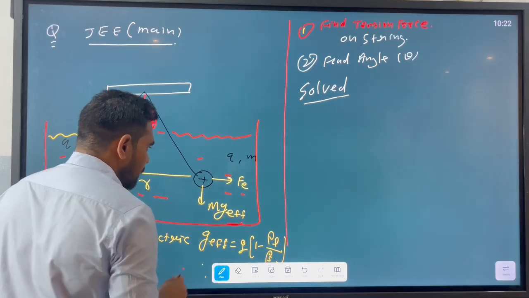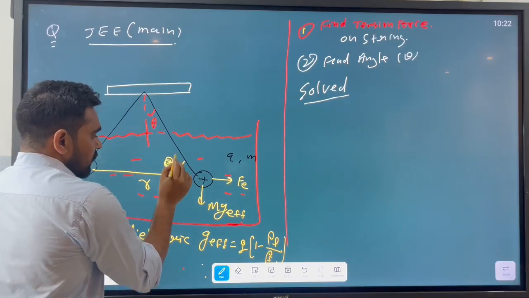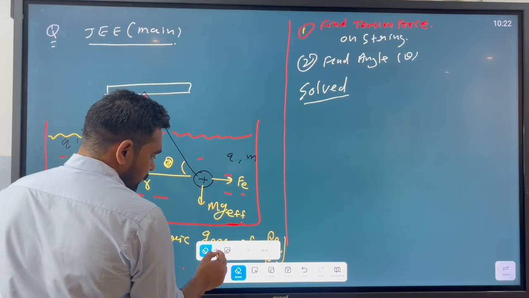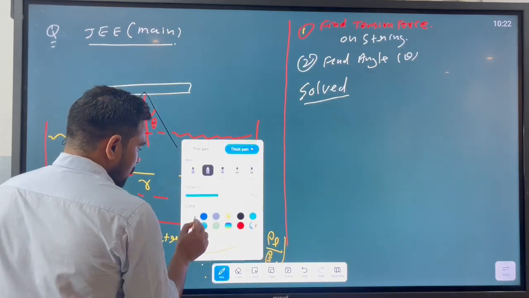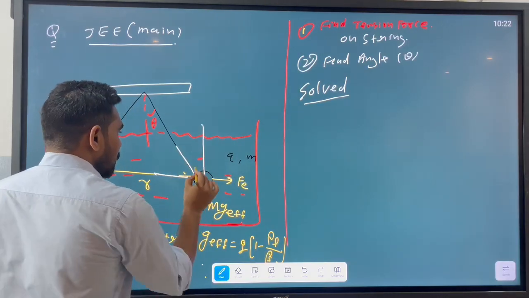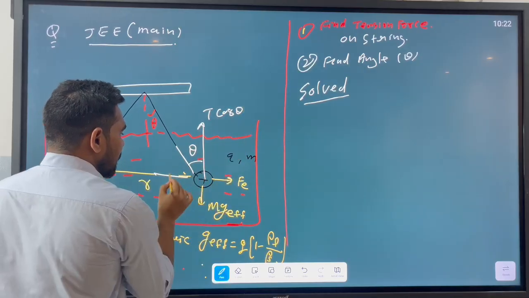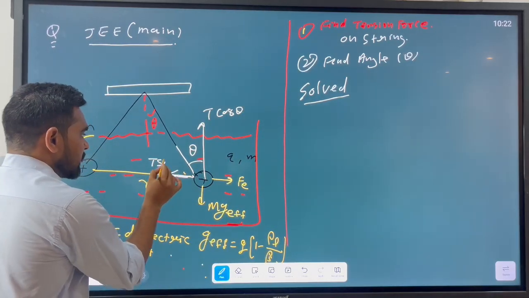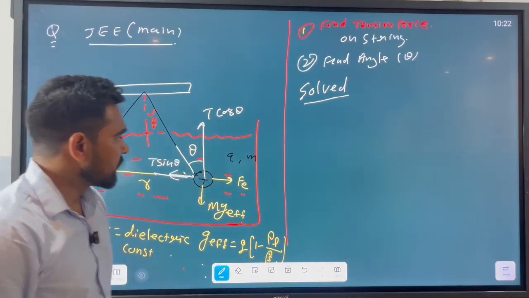is mg effective, not mg. And the components of the tension force: this is angle theta, and here T cos theta, and along this direction T sin theta. This is the basic logic.